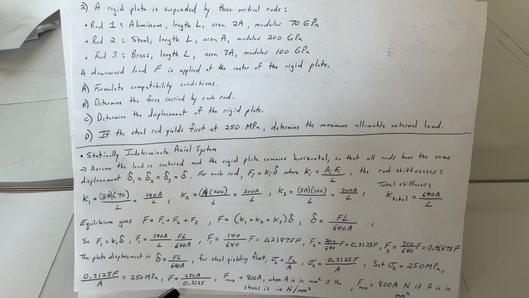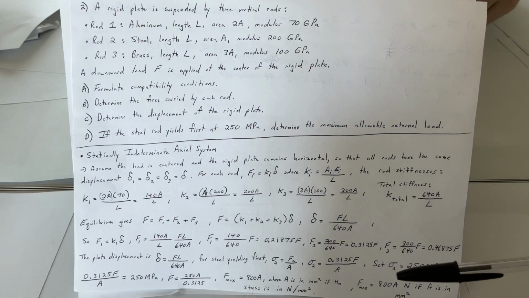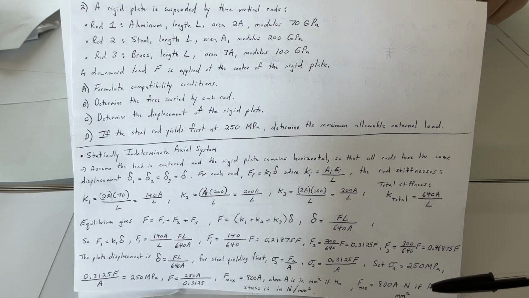F equals 250A over 0.3125. So F sub max equals 800A, where A is in mm squared if the stress is in N per mm squared. So we could say here our F sub max is 800A N if A is in mm squared.